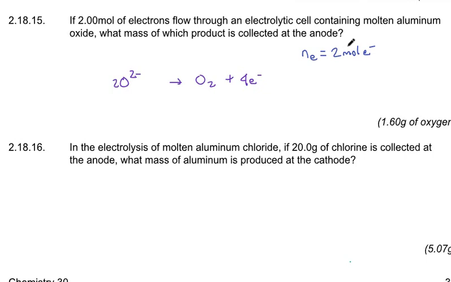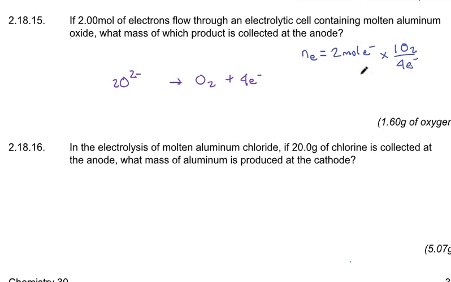We have moles of electrons. That's exactly what we need here. From here, the moles of oxygen we can make would be 1 oxygen molecule for every 4 electrons.